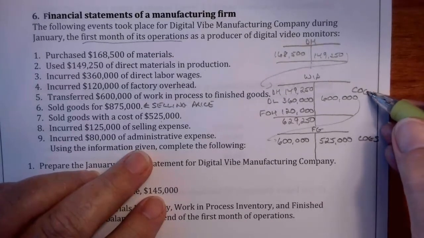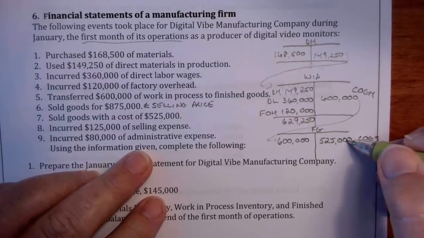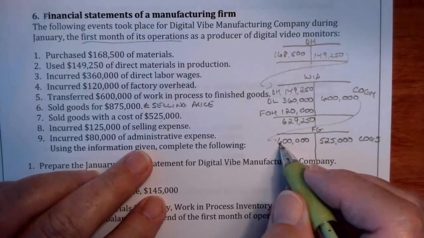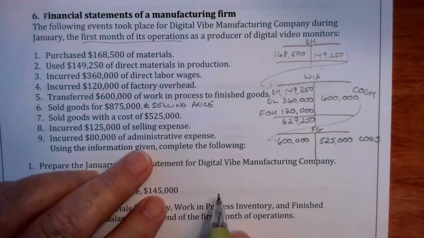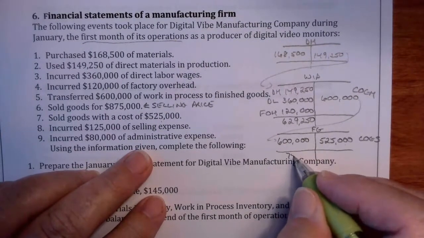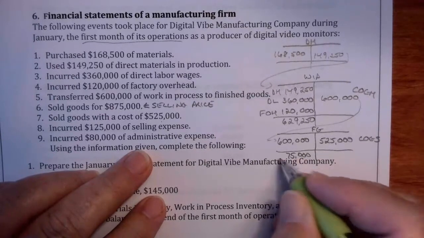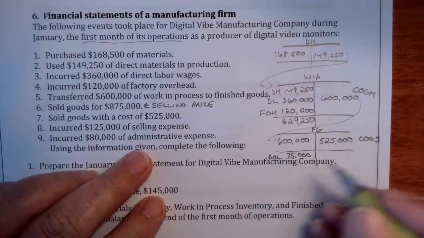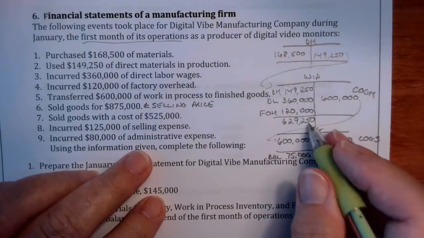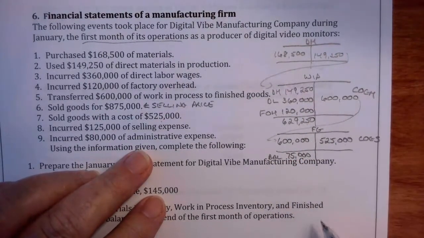Cost of goods manufactured, cost of goods sold. This number here is actually goods available for sale. That's $600,000. So we're going to have an ending balance of $75,000. Here we've got an ending balance of $29,250 because the 600 came out.